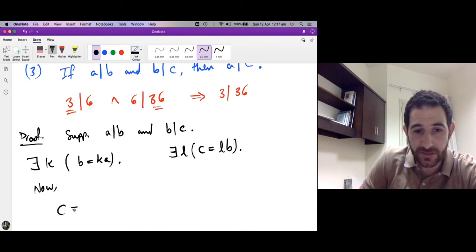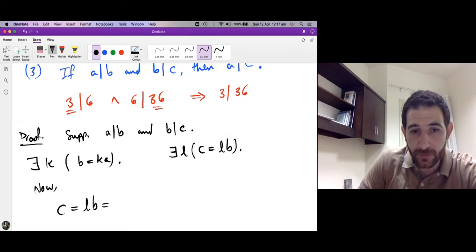So now start with C. C is equal to LB from here. But B is equal to KA from here.